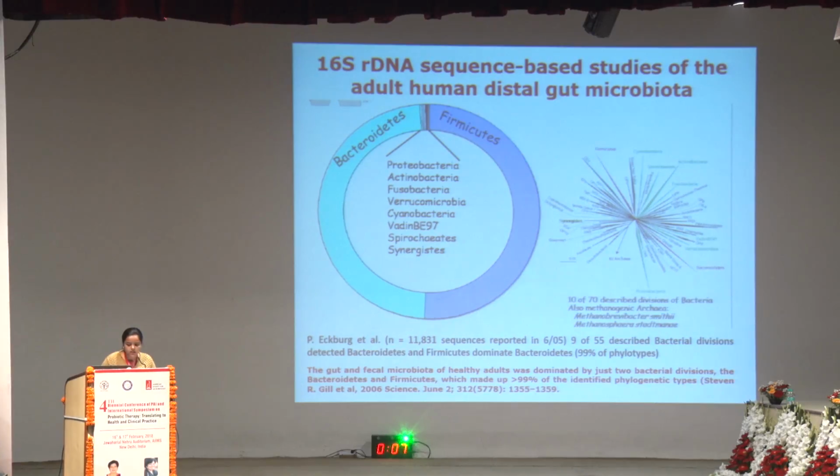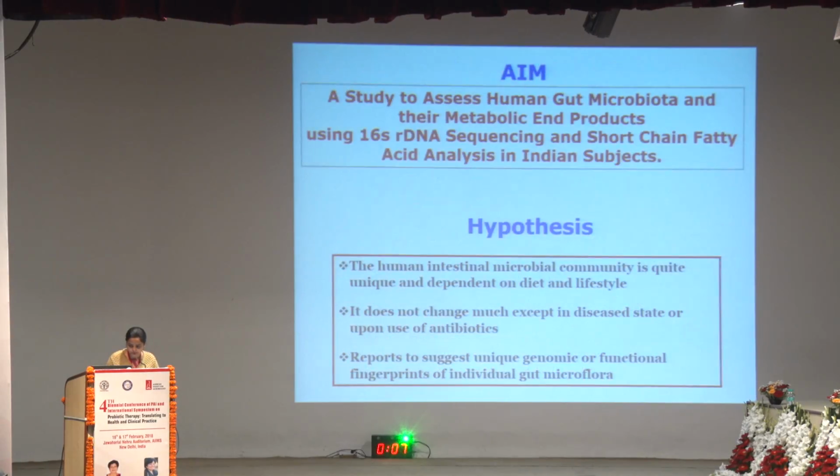Human gut microbiota majorly comprises Bacteroidetes and Firmicutes, and other phyla are Proteobacteria, Actinobacteria, Fusobacteria, etc.